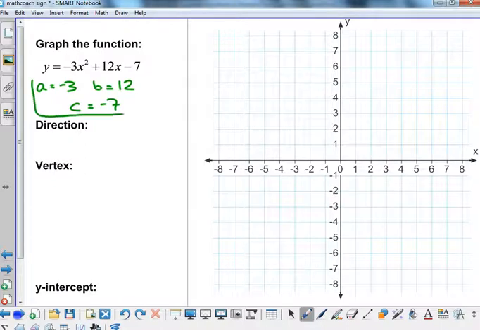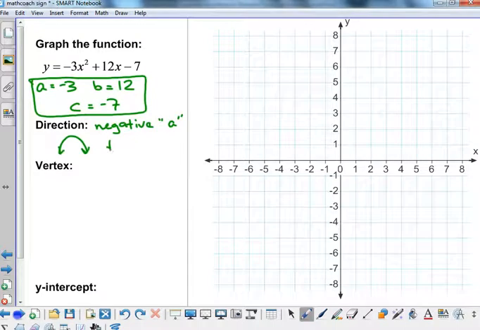We're going to use this information real quickly to find our direction. Since A, in this case, is negative 3, we have a negative A. So that means that our parabola is going to go downward.